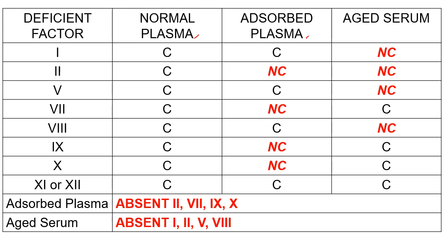Adsorbed plasma, present lahat except your 10, 9, 7, and 2. Aged serum naman, present lahat except your 1, 2, 5, and 8. Kung naalala nyo kanina. Okay? So, in summary, adsorbed plasma, absent 2, 7, 9, 10. Aged serum, absent ang 1, 2, 5, and 8.